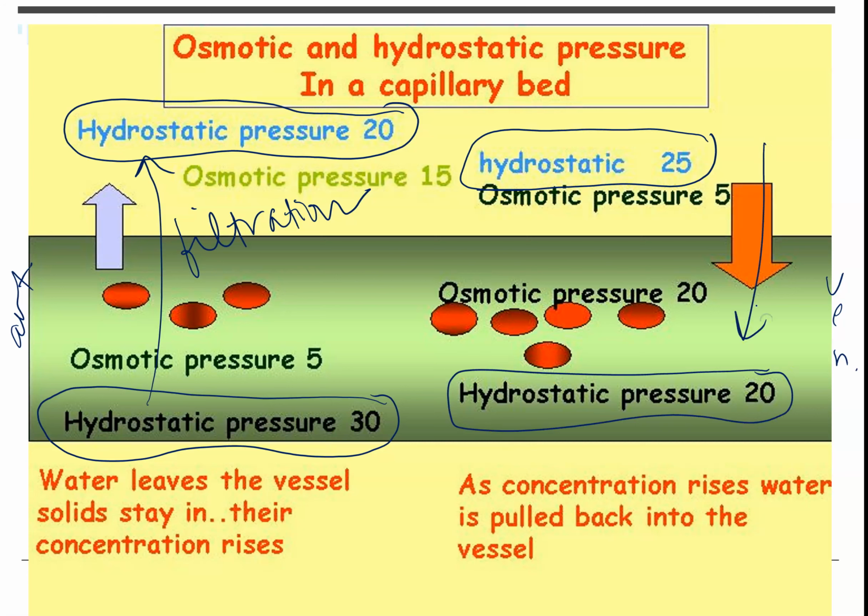So back in we go using the pressure gradient. So the water, according to the pressure, wants to come back in. So that's absorption or reabsorption. And that always takes place on the venule end.